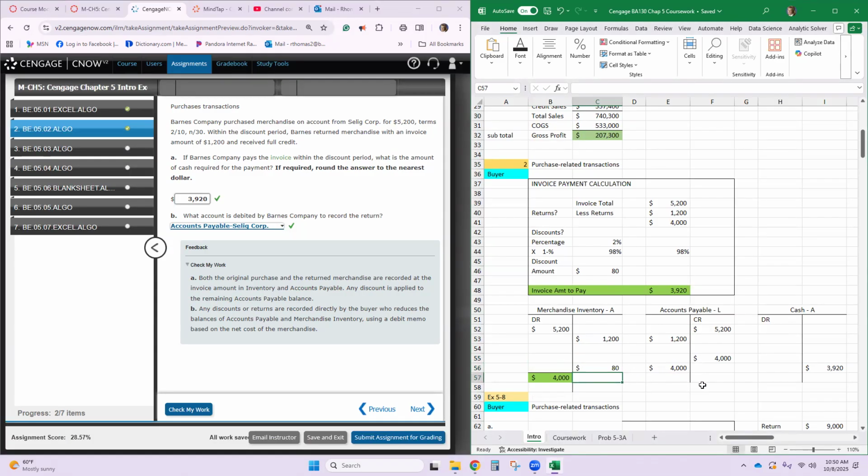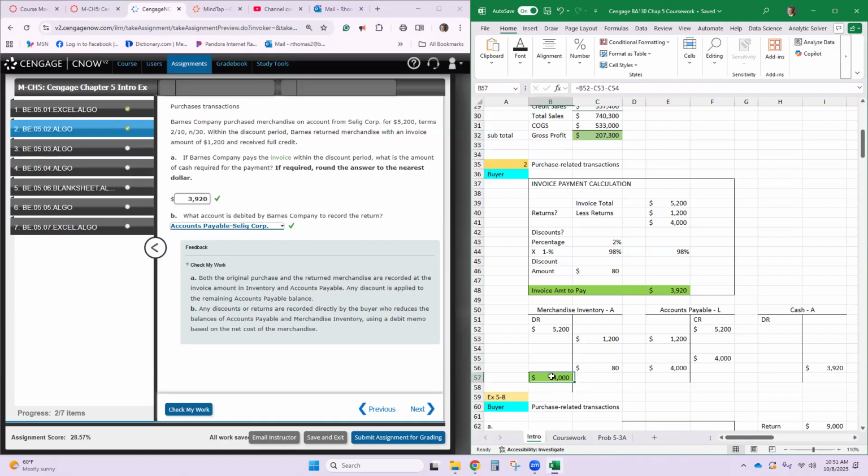So once again, when we go to pay our payment of $3,920, we're going to pay in cash. So down goes cash, and down goes accounts payable for the amount that we owed on the invoice, right? And then that didn't balance, so we needed another credit.